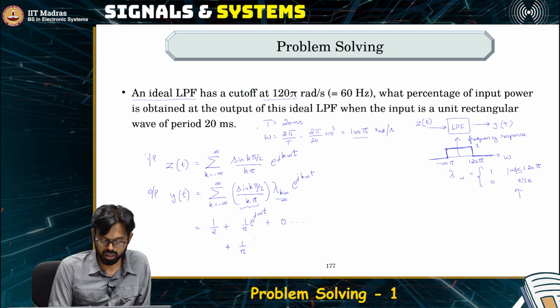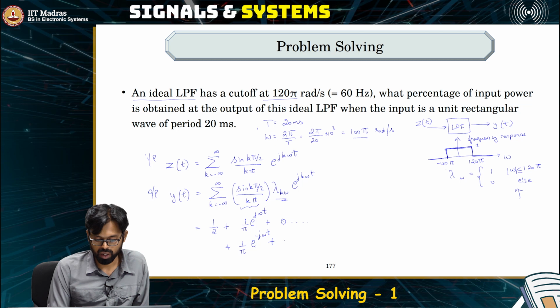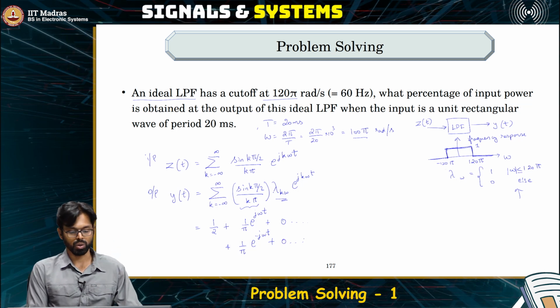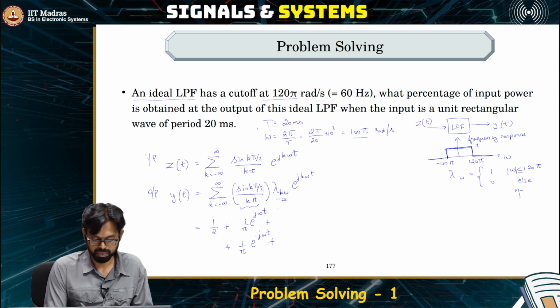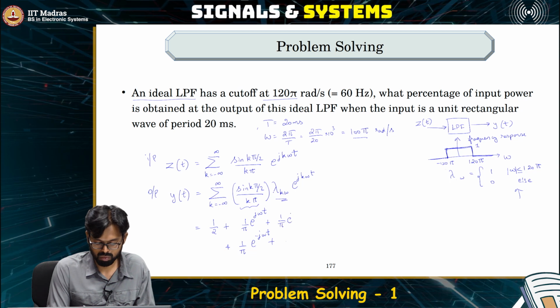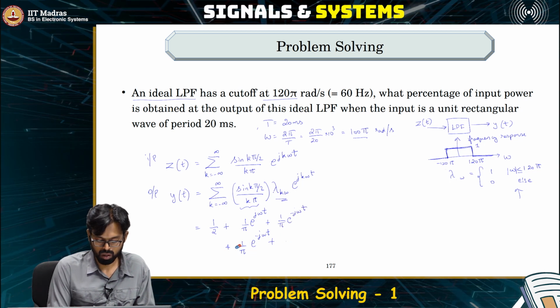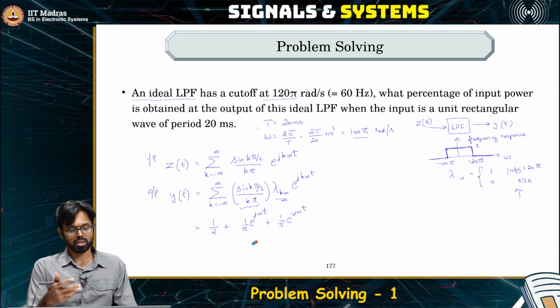So, we get e power minus j omega t. Once again for all other values of k you get 0. So, the output consists of only these 3 terms and nothing more. So, what has the low pass filter done?